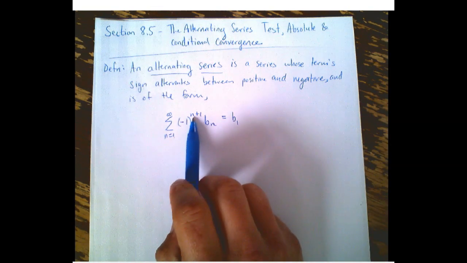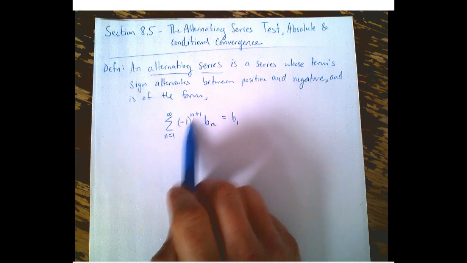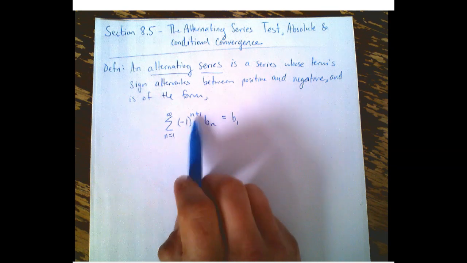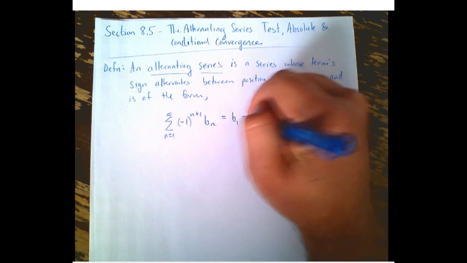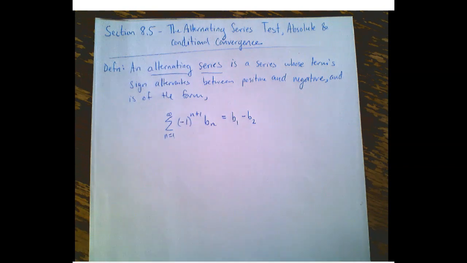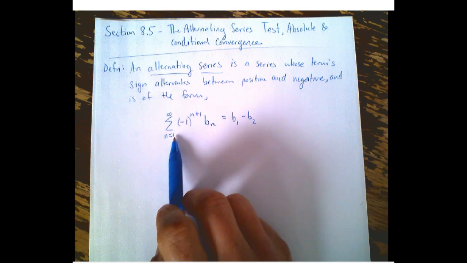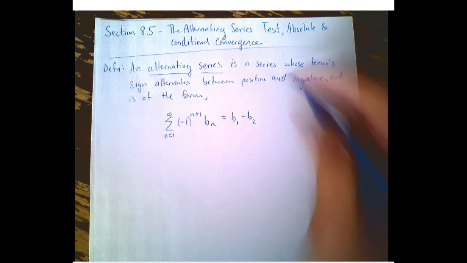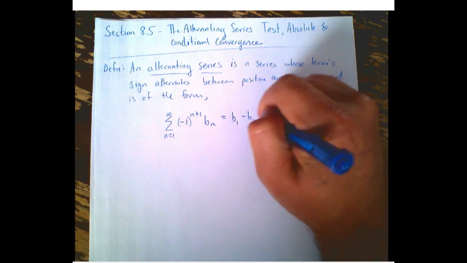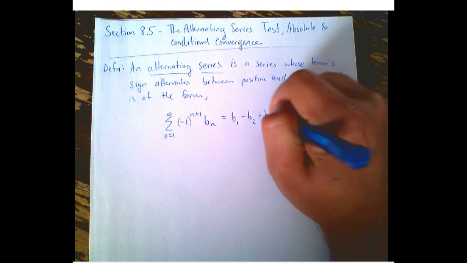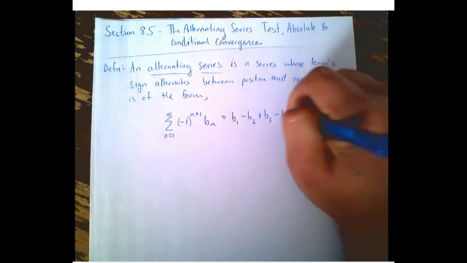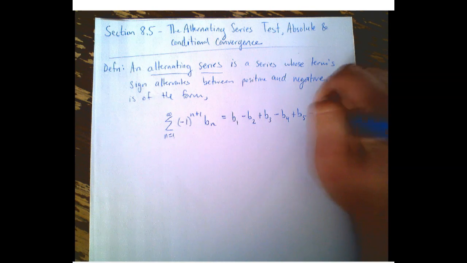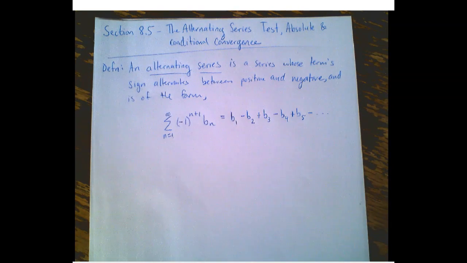Now when n is 2, 2 plus 1 is 3, -1 to the third power is -1, so we get -b2. And when n is 3, we get the fourth power, which makes that positive, so plus b3 and so forth. Minus b4 plus b5 minus, and so on and so forth. Okay.